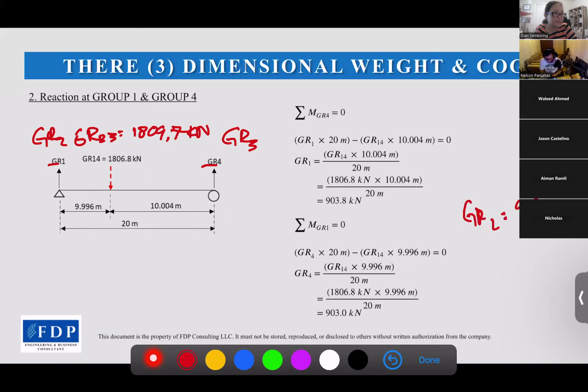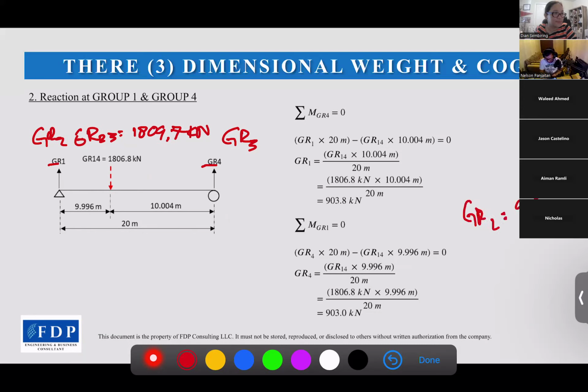So yes, group 2 we get 905.2, and group 3 we got 904.5. So the process is the same. Group 2 3 is the total, 1809.7 kilonewton, and it's sitting 9.996 meters from group 2.